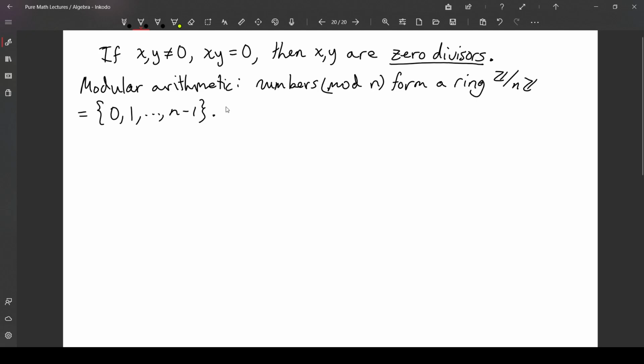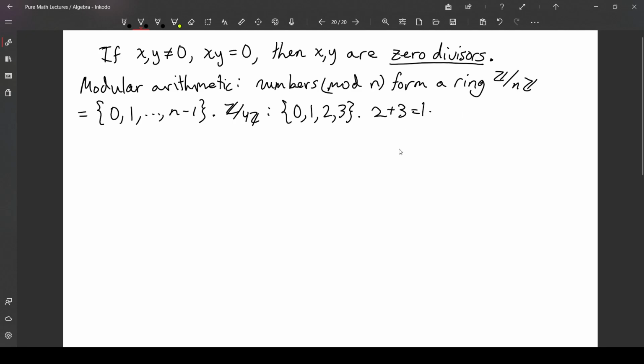So as an example, in z mod 4z, you have 0, 1, 2, 3. Then 2 plus 3 is equal to, well, normally, right, we would say 2 plus 3 is 5, and then you take the remainder by 4, and you get 1. So in z mod 4z, 2 plus 3 equals 1.